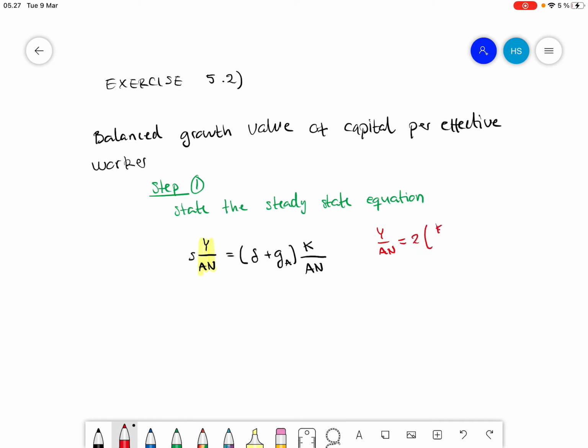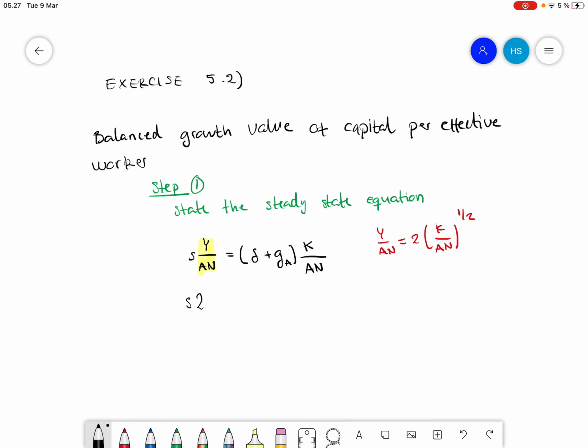It was 2 times k over an to the power of 1/2. So we replace the output per effective worker with the exact equation, and solve for the capital per effective worker.